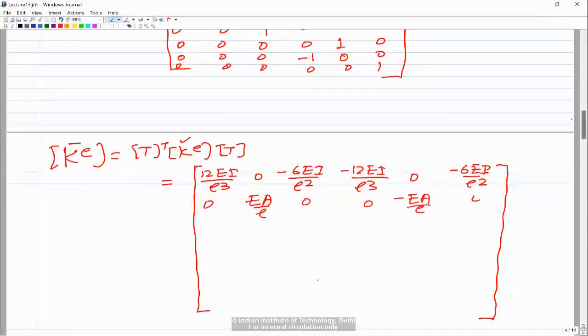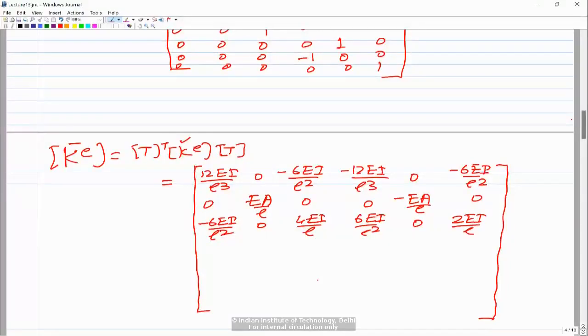And then the third row is minus 6EI by L square, 0, 4EI by L, 6EI by L square, 0, and then 2EI by L. So this is the third row.